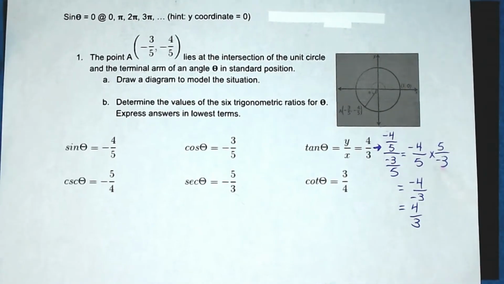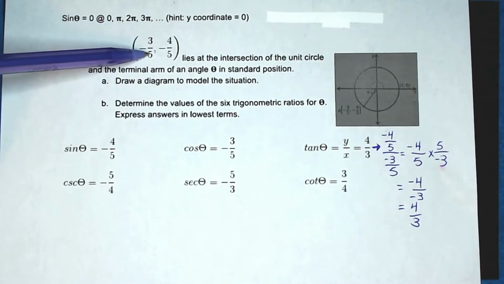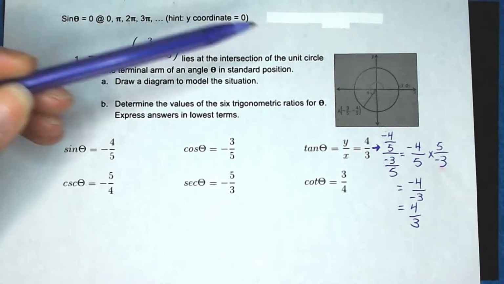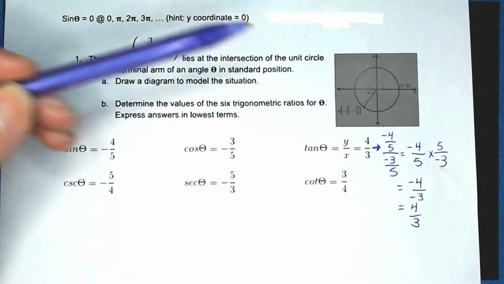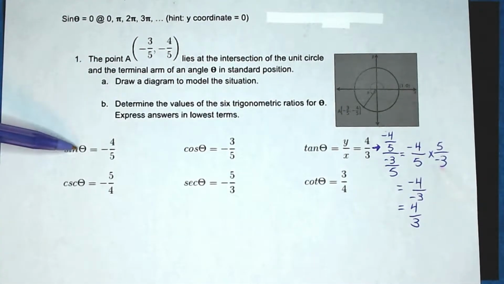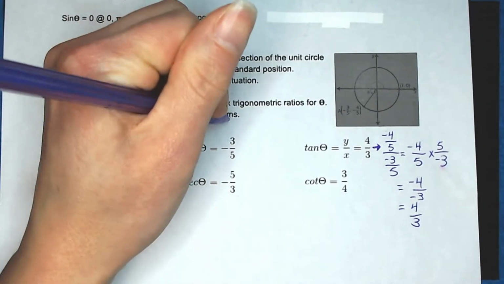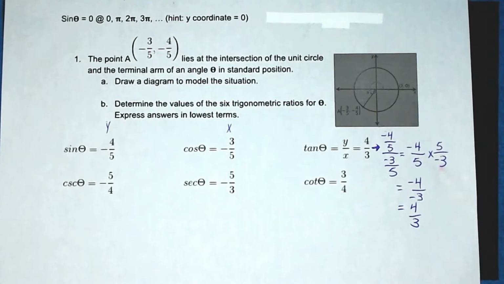With a coordinate, we can find a lot of information. We can actually find all 6 trigonometric ratios. So we have this point, -3 over 5, -4 over 5, and it's shown right here on this diagram. Remember that the sine and cos are just your y and x values, and then your tangent is y over x.